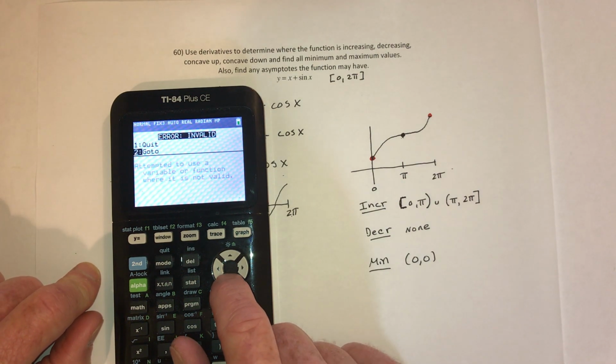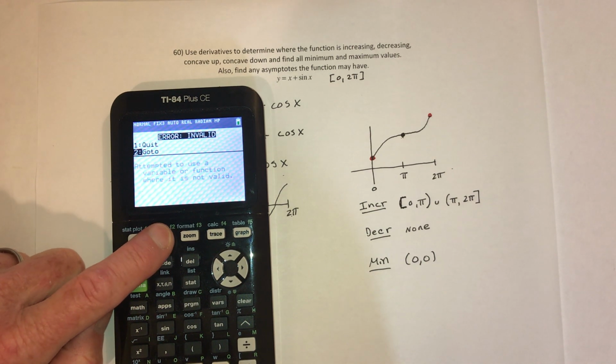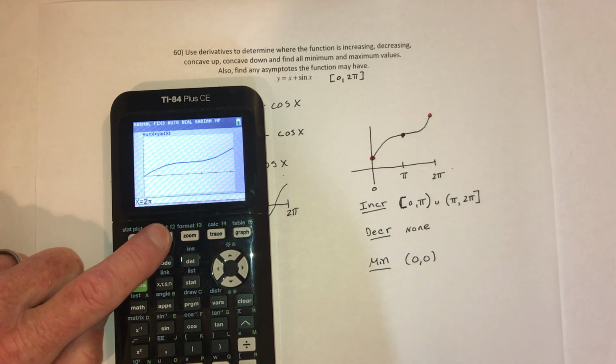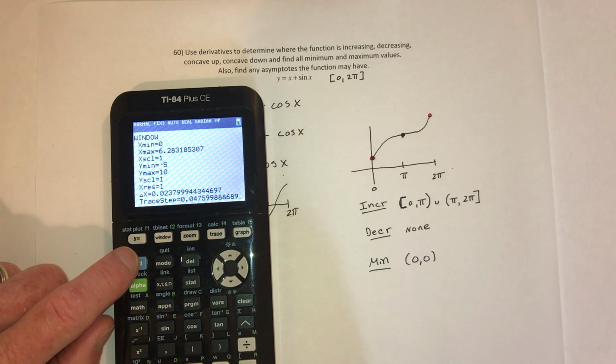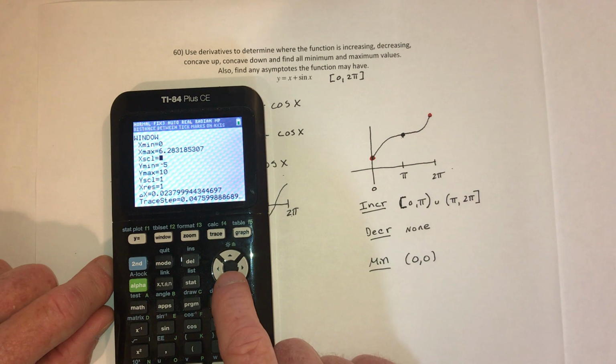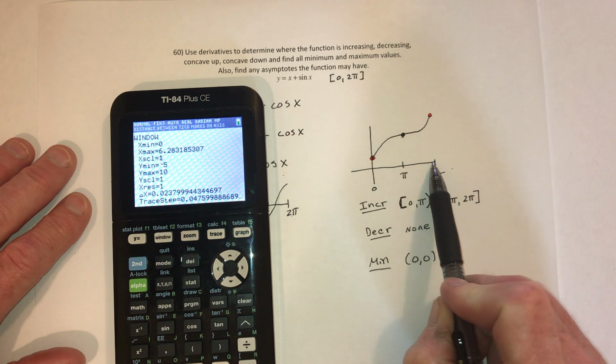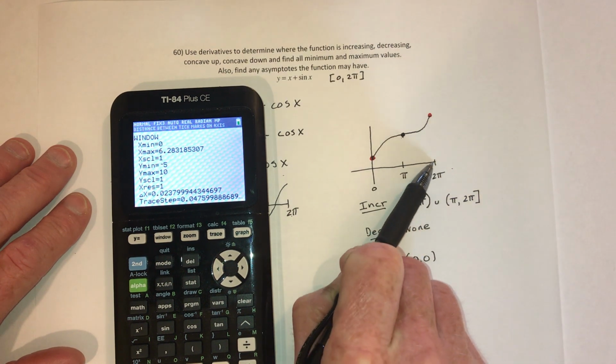And in case I haven't told you this before, what's happening is when I set the window, right here, I put 2 pi. And as soon as I move the cursor, it puts a decimal approximation. And basically that decimal approximation is stopping right here, right before 2 pi.